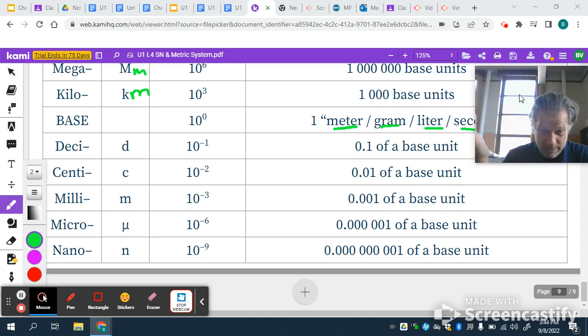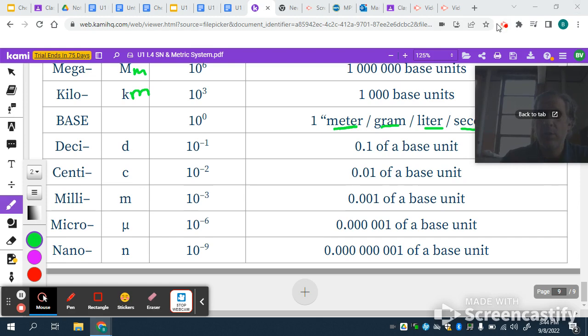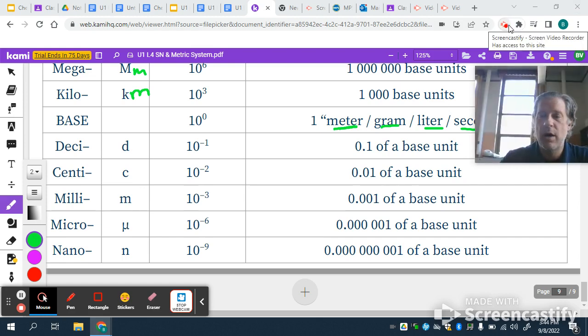The microgram, which is 0.000001 of a base unit. And then we have the nanogram, which is super tiny, 0.000000001 of a base unit. We're going to work with these and practice with them going forward, but I just wanted to expose them to you now. So at this point, we have now concluded part 2 of Unit 1, Lesson 4.